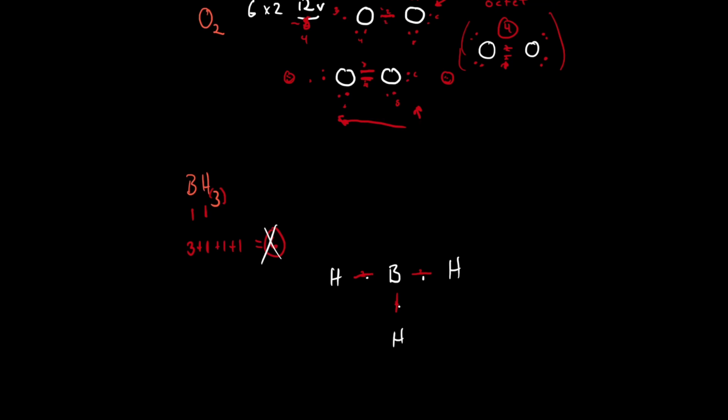This is an exception to the rule, because all we have is boron and hydrogen. And boron is fine with having 6 valence electrons in its outer shell, as long as it's bonded to other atoms like hydrogen. I know that gets confusing.